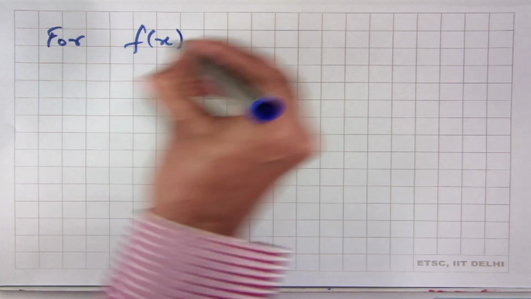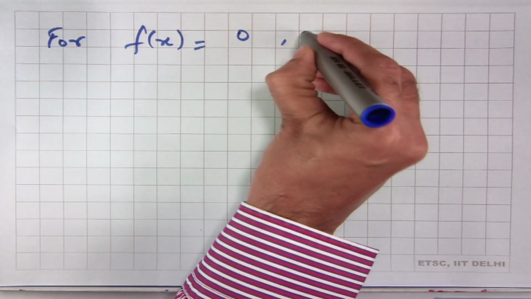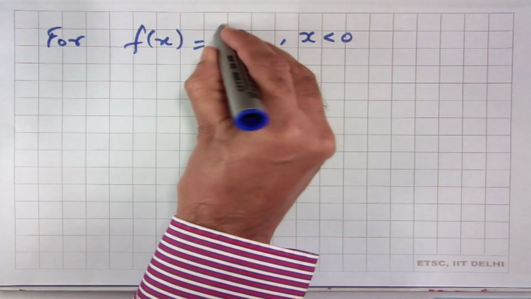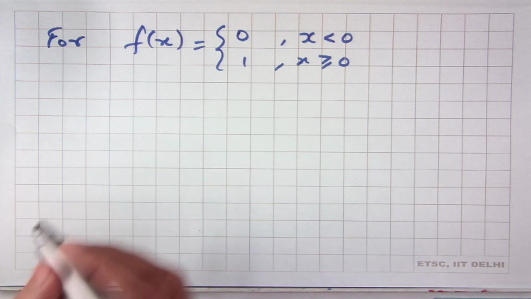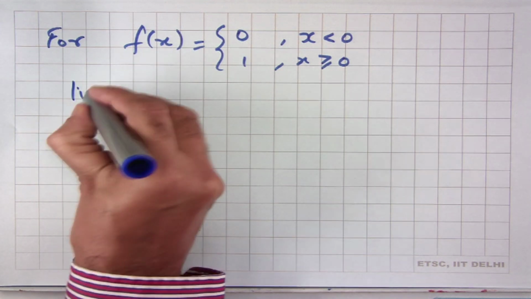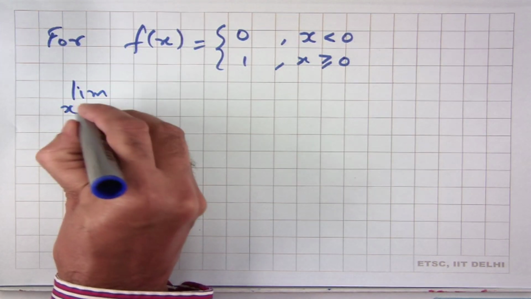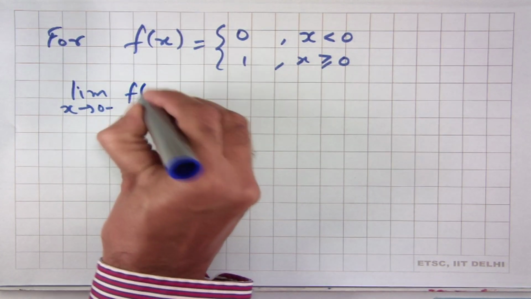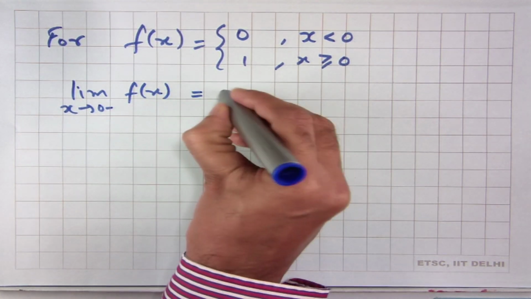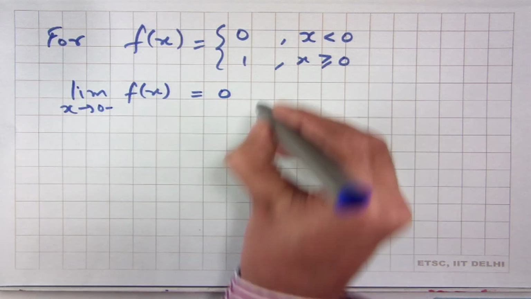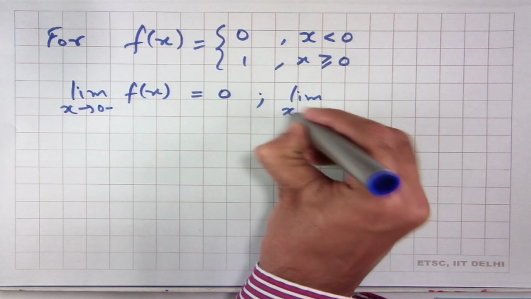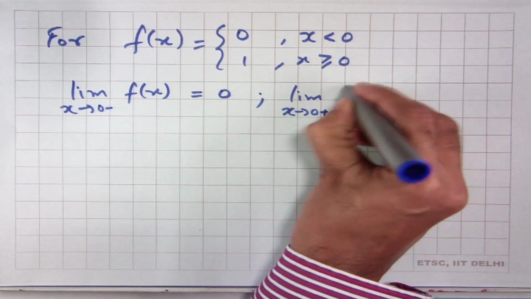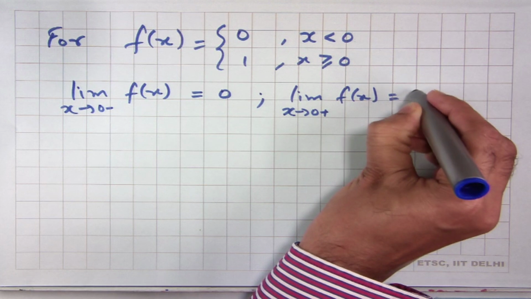So, for the example, f of x is equal to 0 for x less than 0 and 1 for x greater than or equal to 0. If we calculate the limit of x going to 0 minus of f of x, the left hand limit, this is clearly equal to 0, and the limit of x going to 0 plus of f of x is equal to 1.